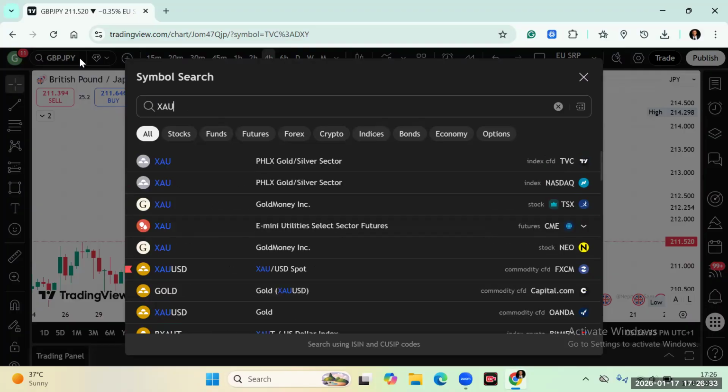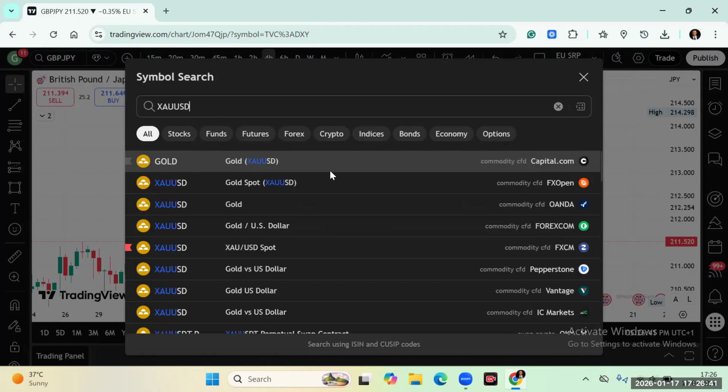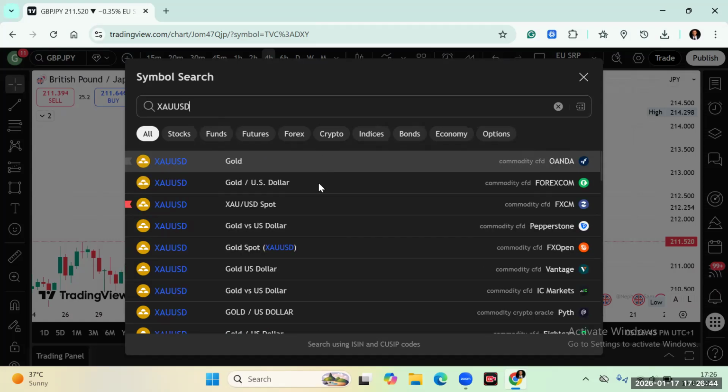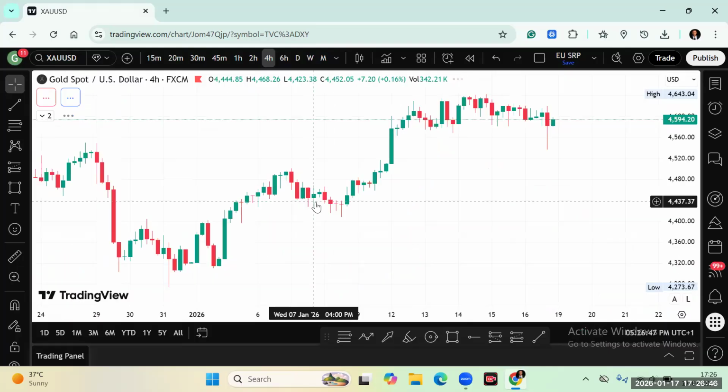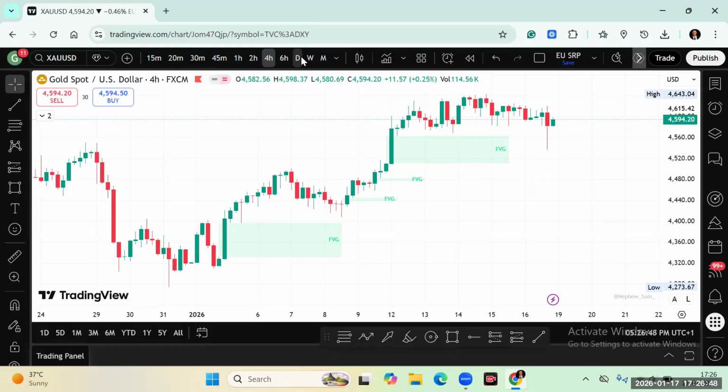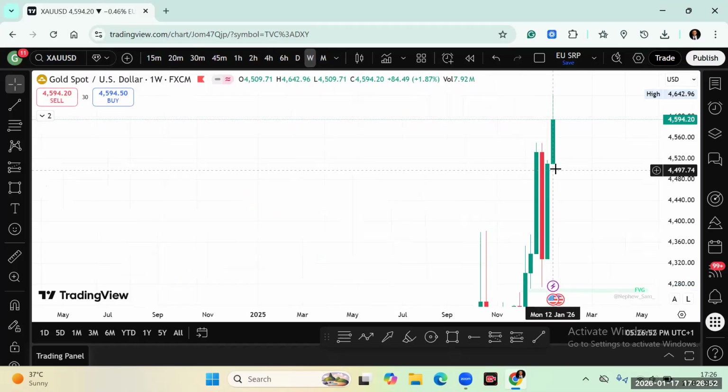Let's look at gold. I don't trade gold, but let's take a look at gold. Dollar is bullish, so I expect gold to be bearish. Let's look at the weekly time frame.